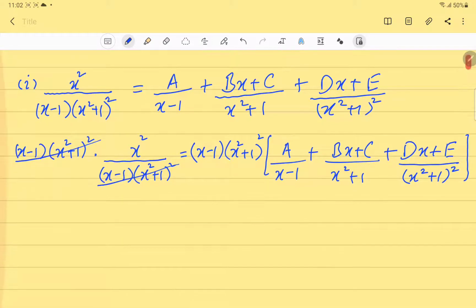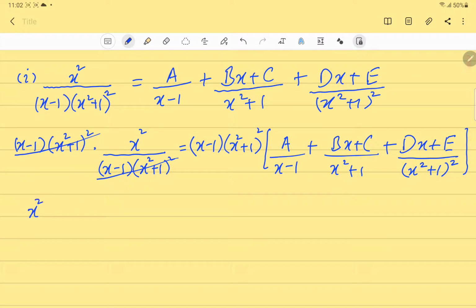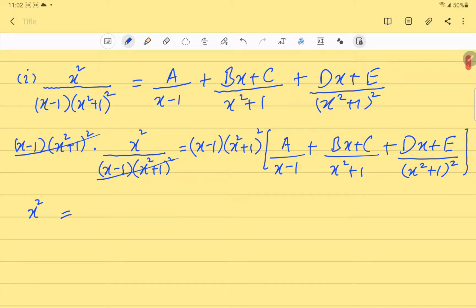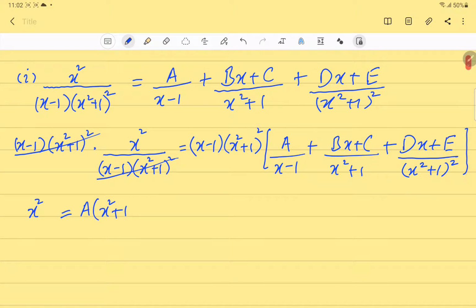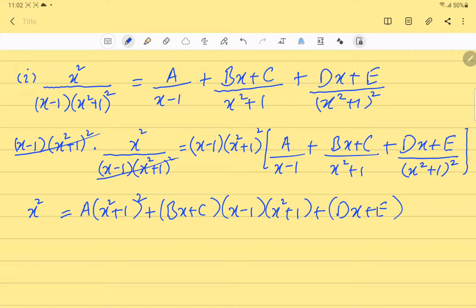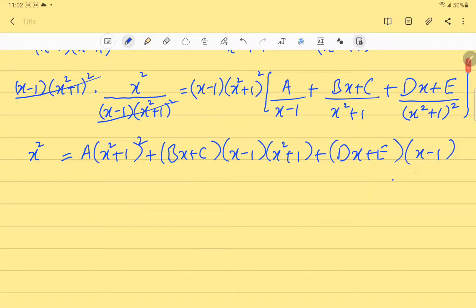This cancels with this and we can write x squared is equal to, multiplying x minus 1 into x squared plus 1 whole square with all the 3 terms inside the bracket, a into x squared plus 1 whole square plus bx plus c into x minus 1 into x squared plus 1, and then dx plus e into x minus 1. So this is our equation number 1.